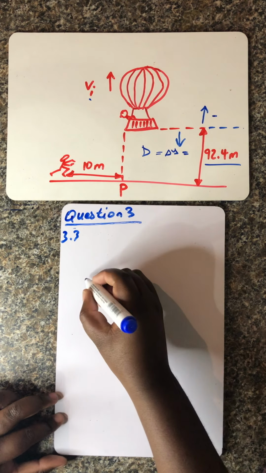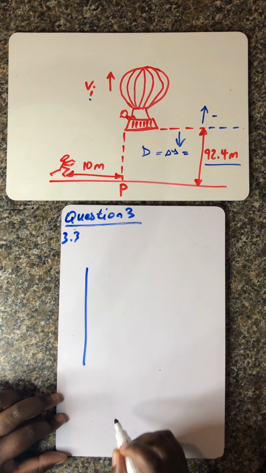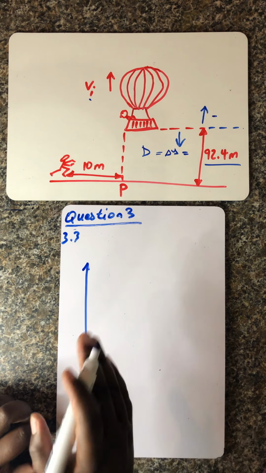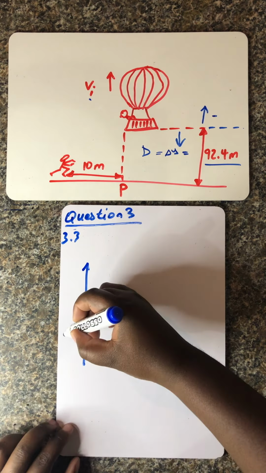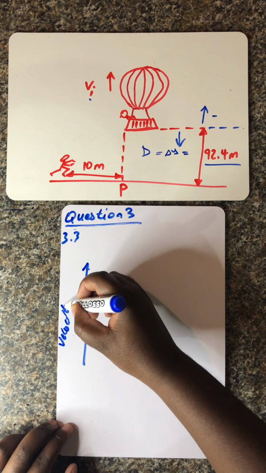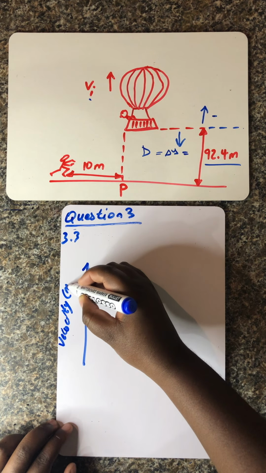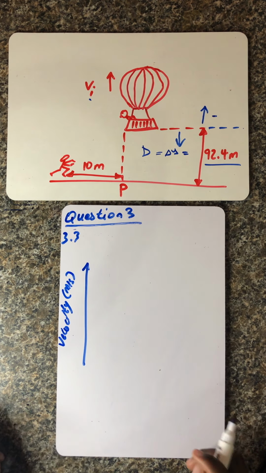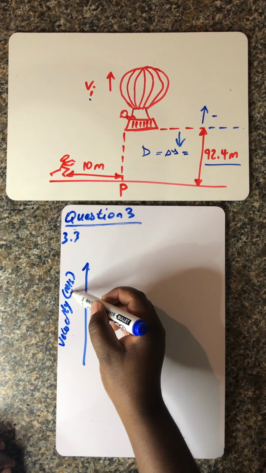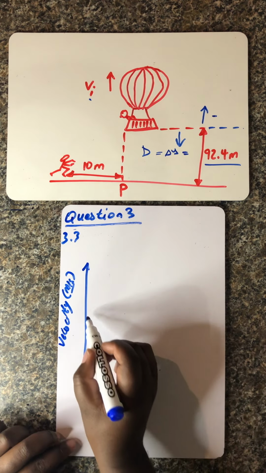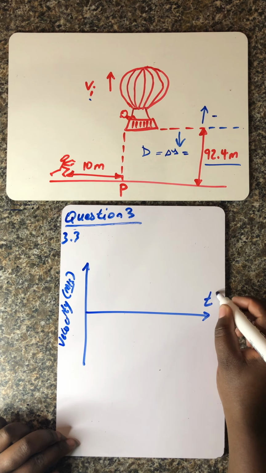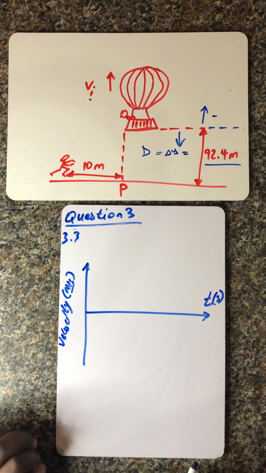Okay, so we should obviously have the y-axis, or the vertical axis, representing the velocity in meters per second. Ladies and gentlemen, it's very much important that you write in meters per second. Okay, so again we've got the time, which is represented in seconds.